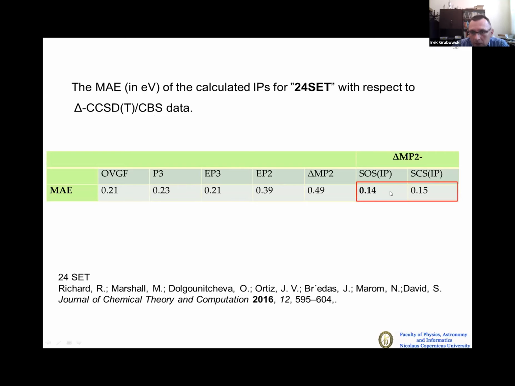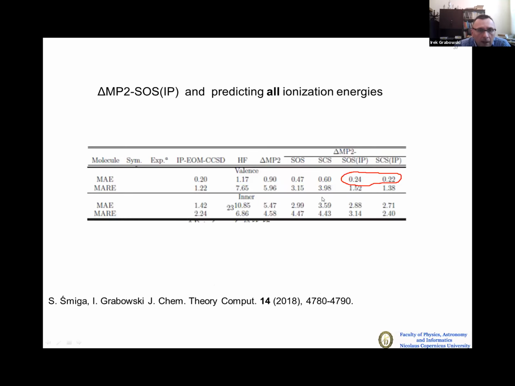So as you can see, the parametrization works even in that case and provides results much better than, maybe not much better, but better than the third order approaches. And we also fix this.